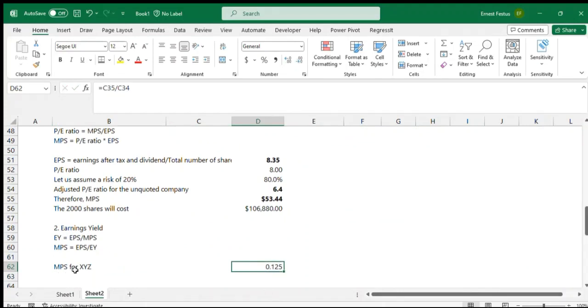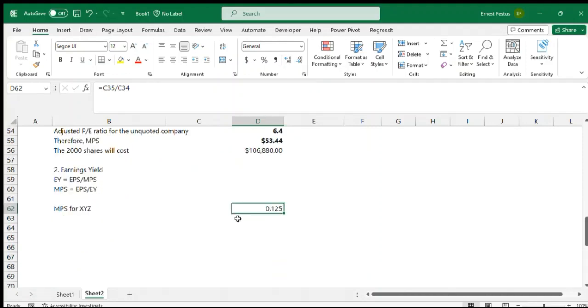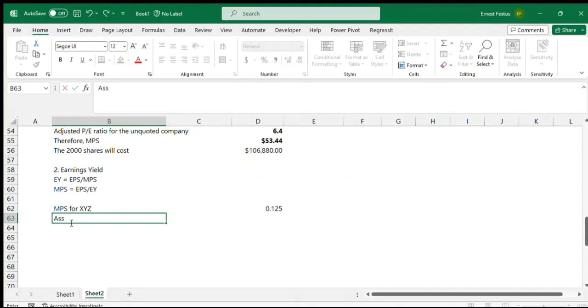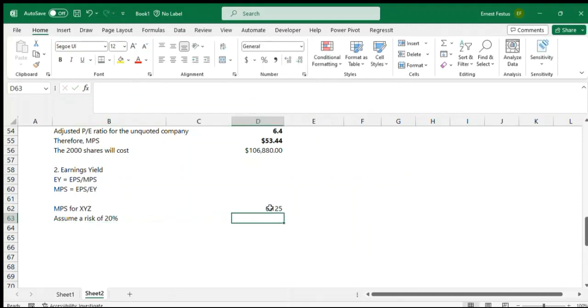Now this is our MPS for the quoted company. To be able to use it for the unquoted company, because of the risk we are expecting, we are going to assume a risk once again of 20% of this particular market price per share for the quoted company.